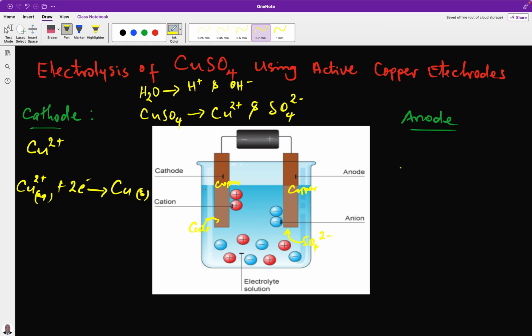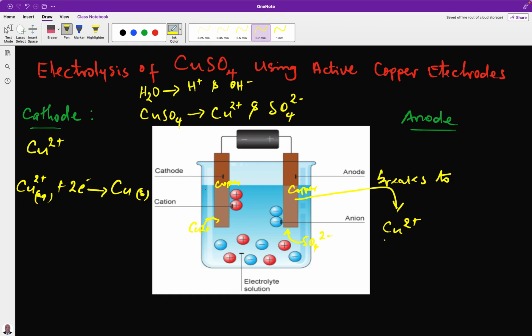This copper breaks to a copper ion and enters into the solution.